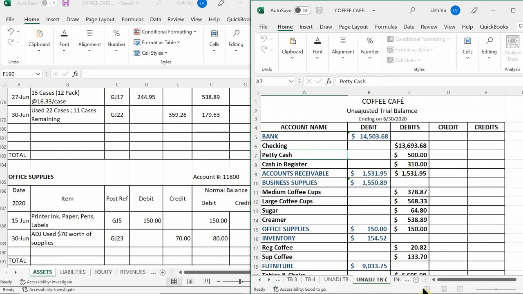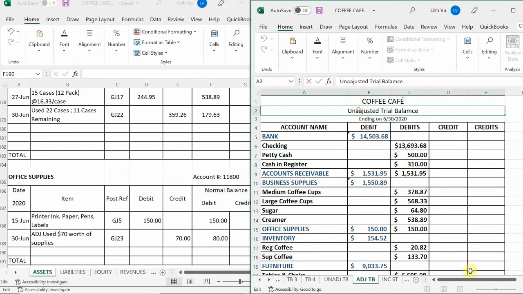I'm going to rename this to say adjusted trial balance. Okay, and I'm going to also make changes to the title here because this also says unadjusted. We wanted adjusted. Okay, ending the 30th of June. So that's fine.